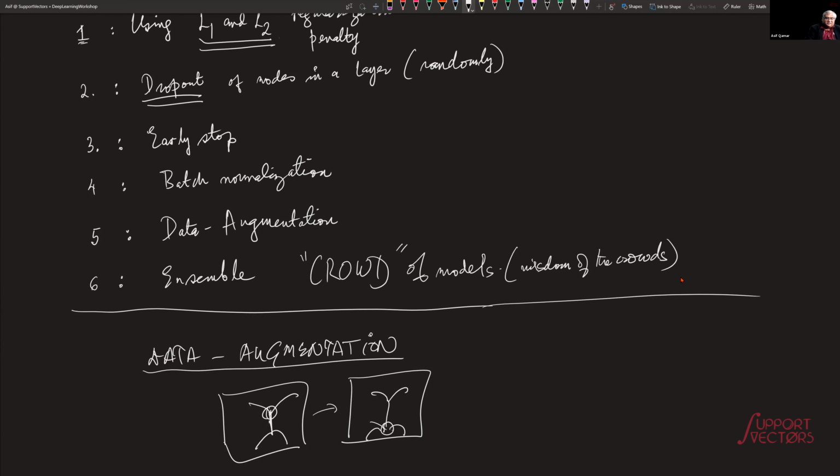So this is a rotation, right? You can do various rotations. You can flip left to right, right? So you could do, for example, a right to left flip, and so on and so forth by various rotations and flips.